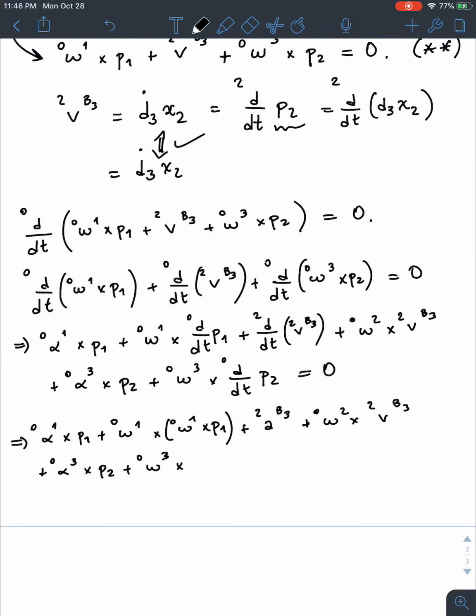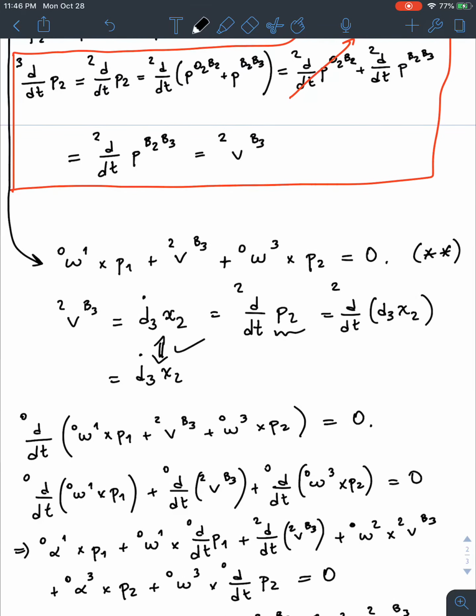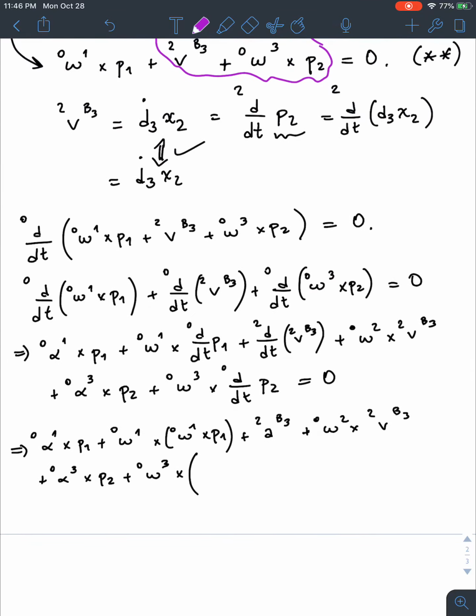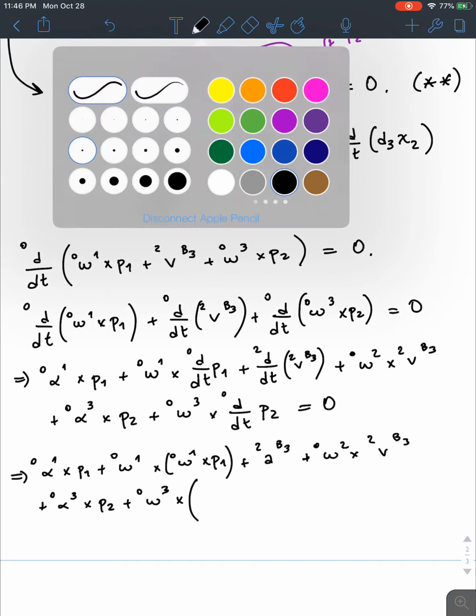What did that entail? Well, this guy was, remember, exactly equal to ddt in 0 of the vector p2. Yeah, so I can just copy that part down here.